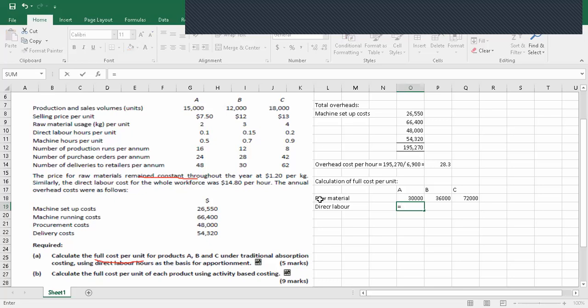No, cost we should know, no? That is per number of hours. 0.1 is the number of hours. This also, I think, is kgs per unit, not cost per unit.